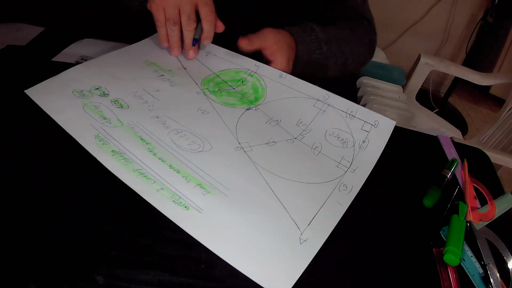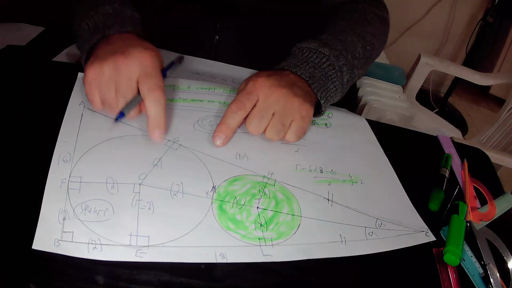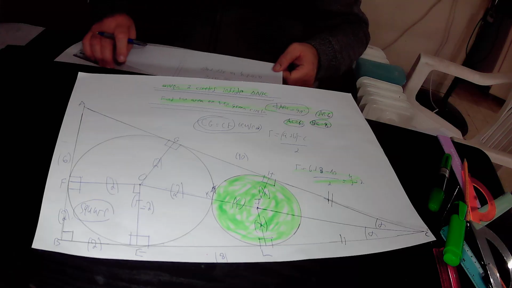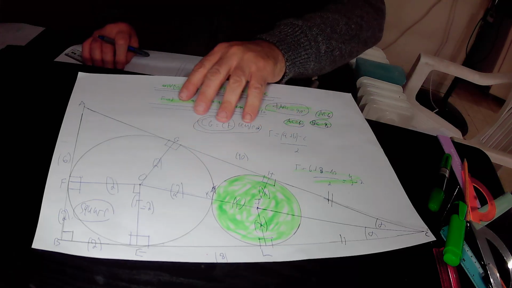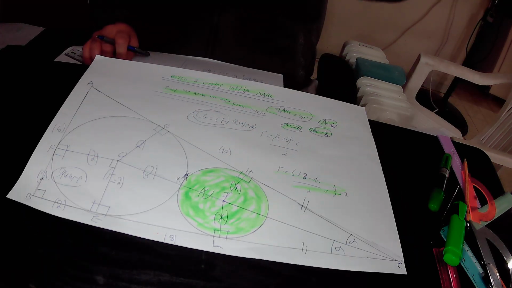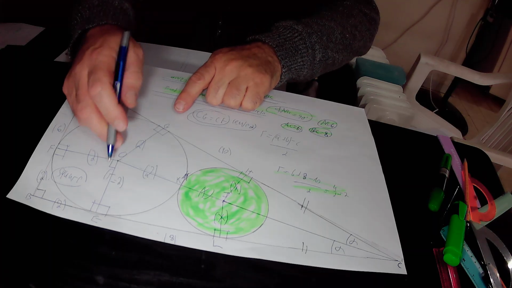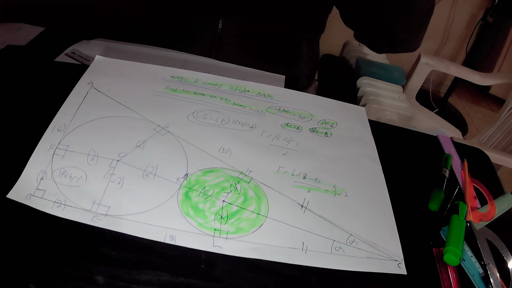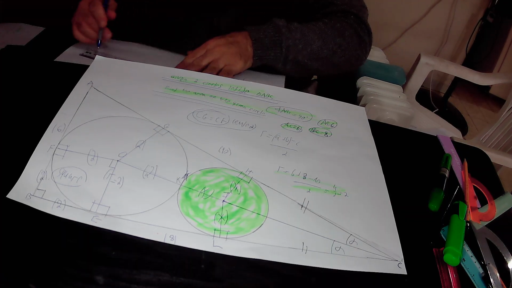So, the next step, we prove that those two right triangles are congruent according to the side, side, side rule. Why are those two big right triangles congruent? First of all, OG equals OE equals 2. They are both the radius of this big circle, equal to 2, and therefore they are equal to each other.